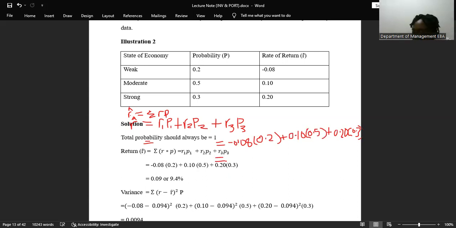We multiply. The first one is what? 0.08 times 0.2. We are getting 0.016. This plus this times this, and that is what? 0.1 times 0.5. Get 0.05.